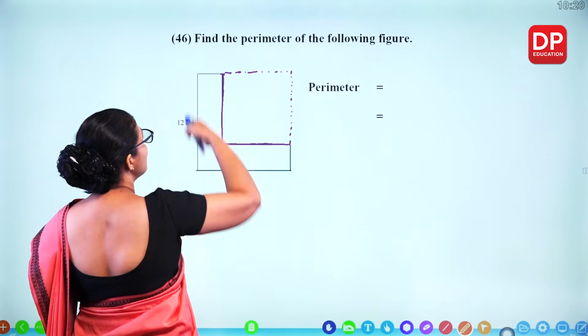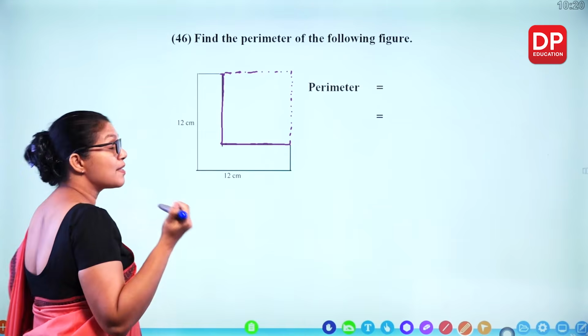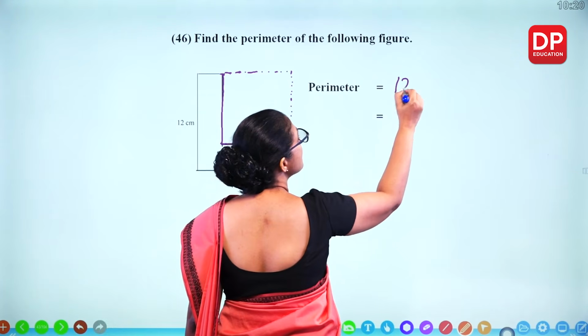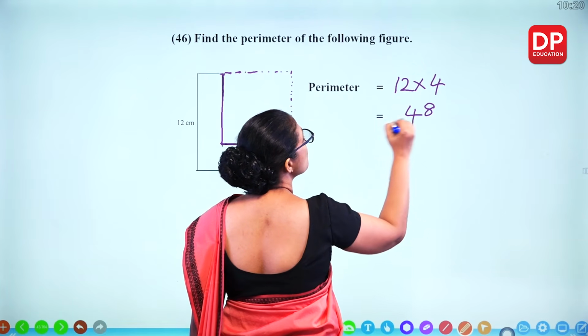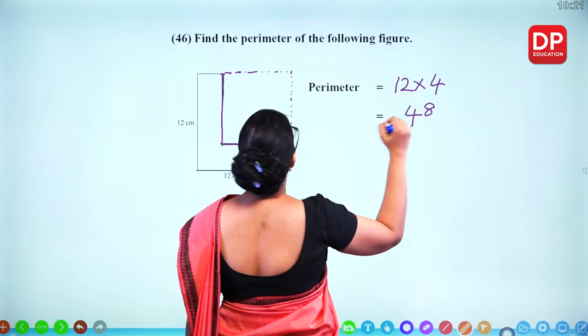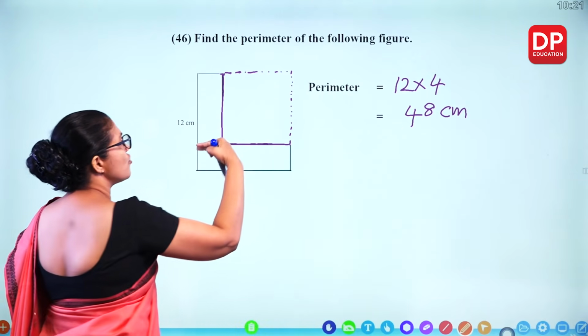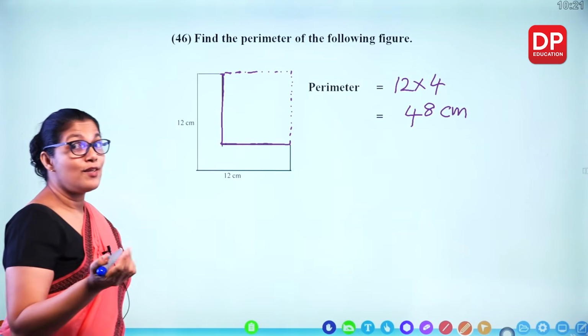This is 12, this is 12, this side is also 12, this is also 12. So what's the perimeter of this figure? That means 12 times 4. 4 times 2, 8, 4 times 1, 4. What's the unit? Centimeters. So I just shift this length to here, this length to here, then you get a square.